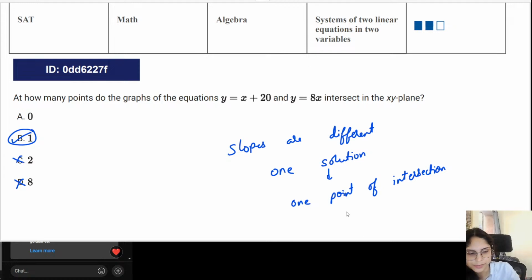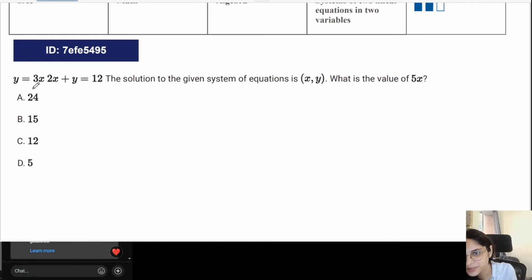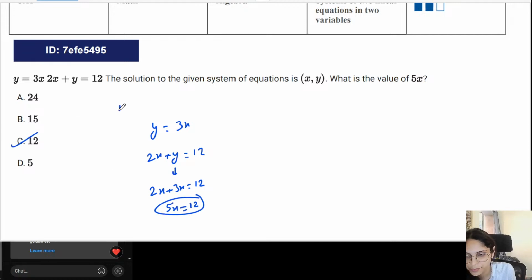Next is question number 9. Here also no need to use Desmos. Y is equal to 3x, 2x plus y is equal to 12. You have to find the value of 5x. So in place of y, you can write 3x. 5x is 12. That's what they're asking. Now in Desmos, it will be a little more complicated. You will type y equals 3x, you will type 2x plus y equals 12.